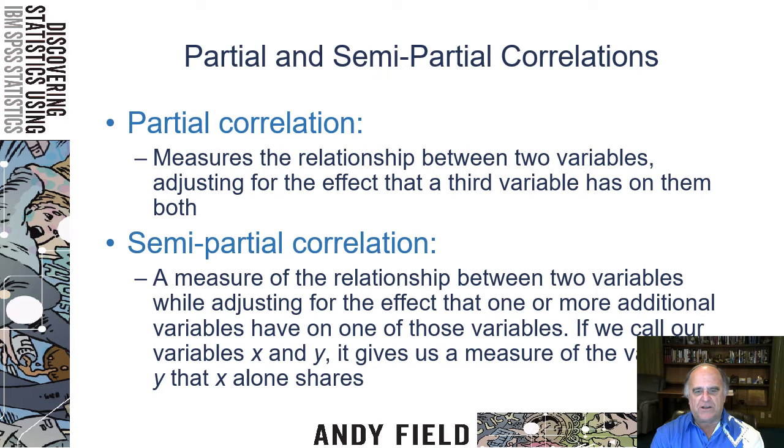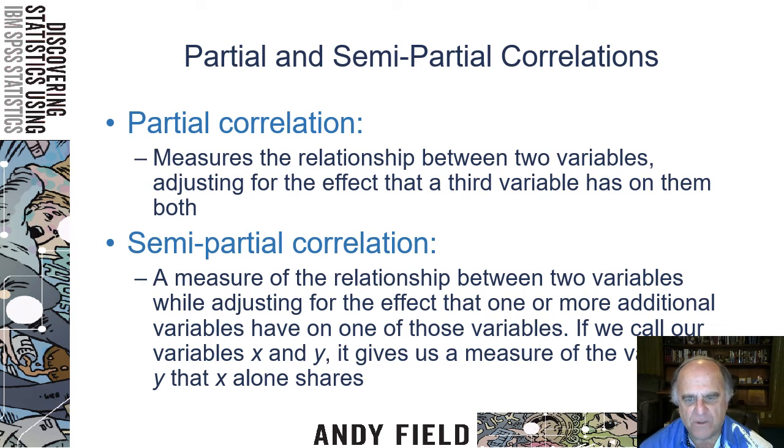With the semi-partial correlation, it's a measure of the relationship between two variables while adjusting for the effect that one or more additional variables have on one of those variables. So if we call our variables x and y, it gives us a measure of the variability that y and x alone share.